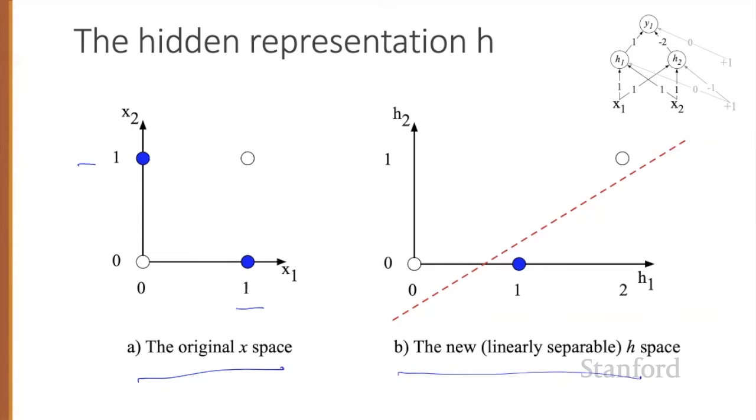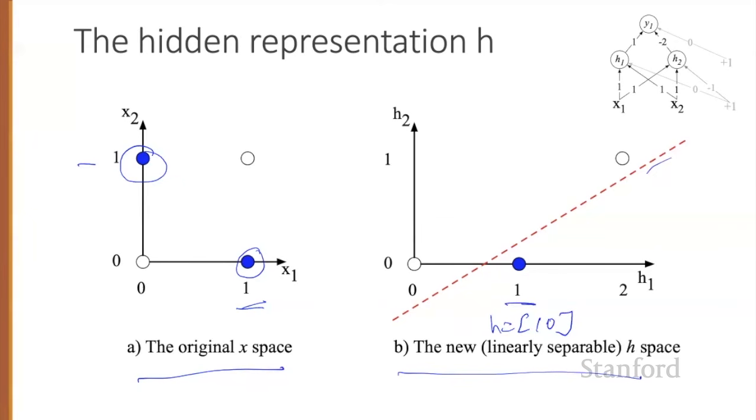And now let's look at the values of the H layer for the same 4 inputs. Notice now that the hidden representation of the two input points, x equals 0,1 and x equals 1,0, those two cases where XOR output is 1, have been merged to a single point. The hidden value is going to be 1,0 for both of those. This merger makes it easy to linearly separate the positive and negative cases of XOR. Here's a sample line that does that.